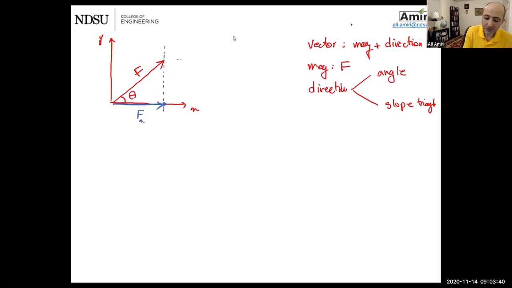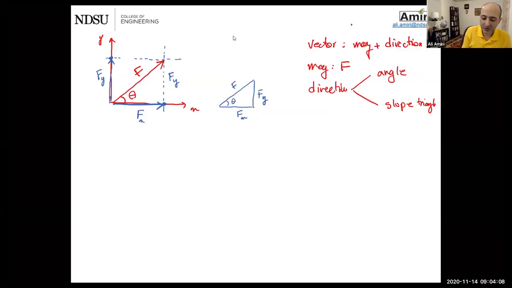Then you go parallel to x, find the intersection with the y-axis, and that will be your component y. Since this is a parallelogram, this length on this side is also fy. So we are dealing with a triangle with f sub y, f sub x, f, and theta.